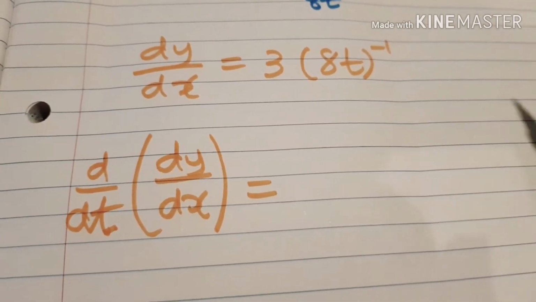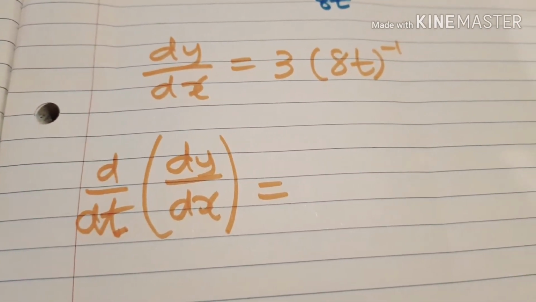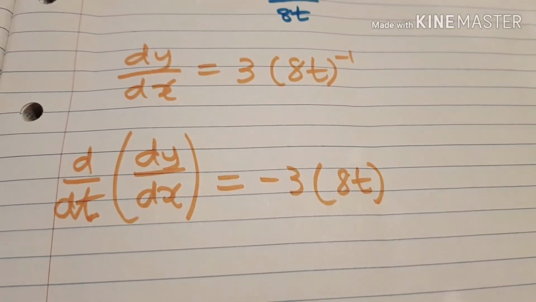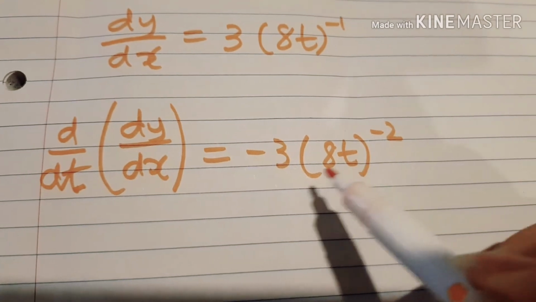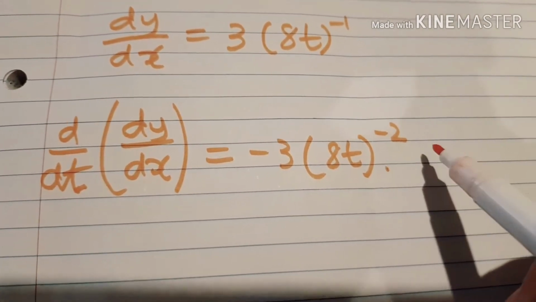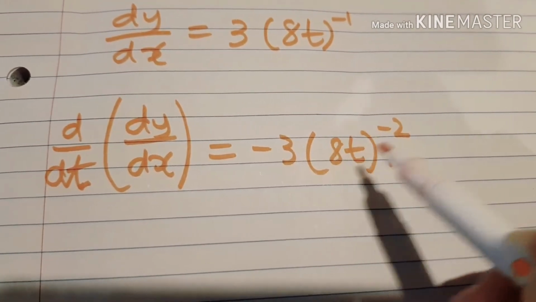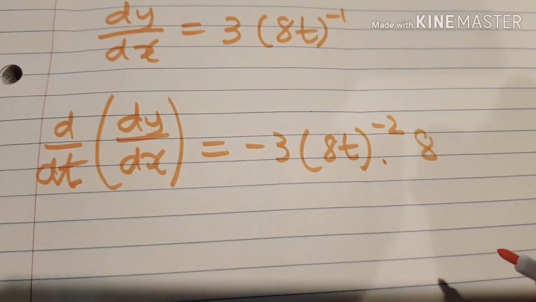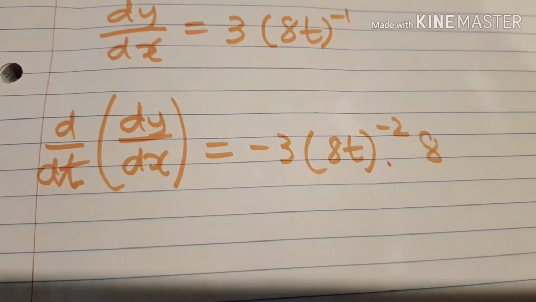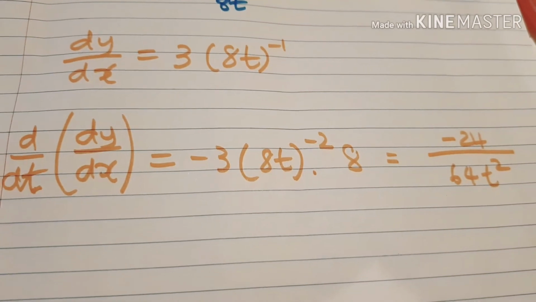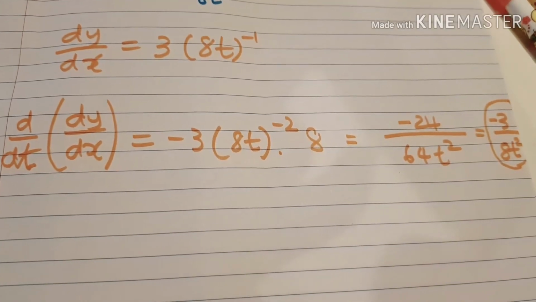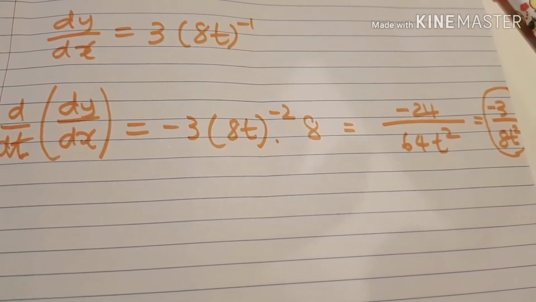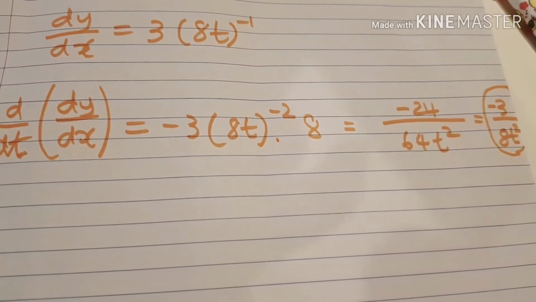Okay, so the negative power comes down, okay, and in the power I'm going to minus 1, okay, and according to the chain rule I need to differentiate what's inside, right? So I need to multiply by the derivative of this, which will be 8. Okay, so if I simplify this, it'll be something like that, right? And then, okay, there you go. If I simplify, it's going to be negative 3 over 8t squared.